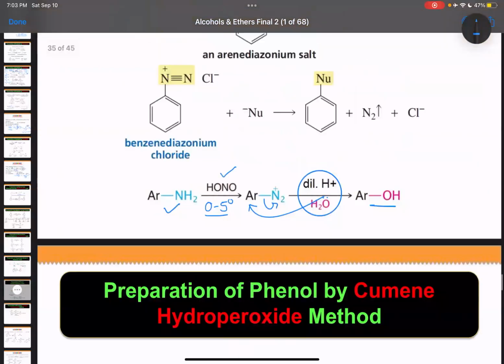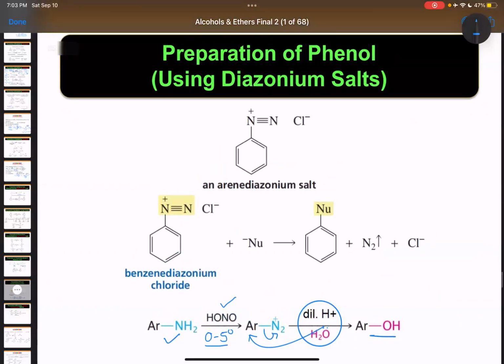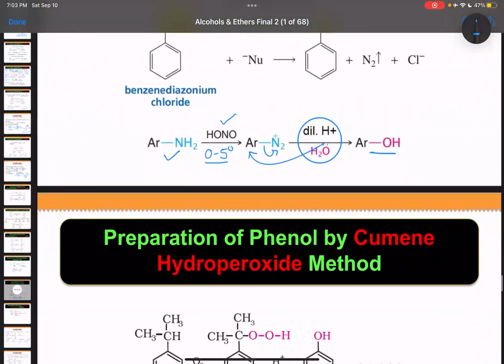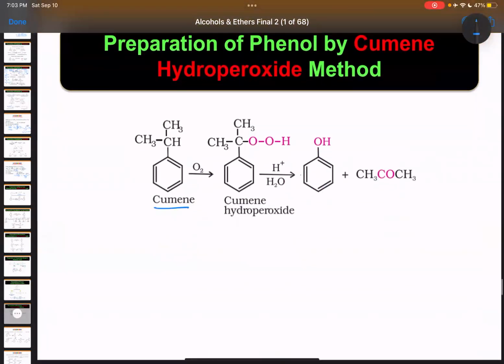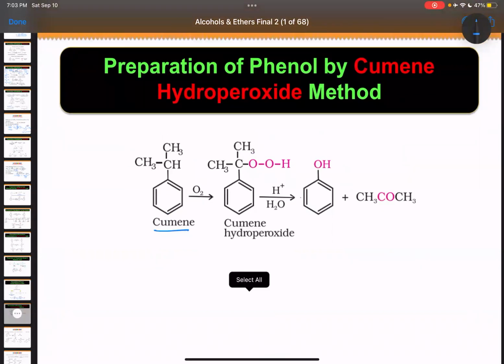This was clear, na? Diazonium. Any doubts you can tell me, because we discussed that in Sandmeyer, Gattermann. Let me know. So you can prepare the phenol by cumene also.